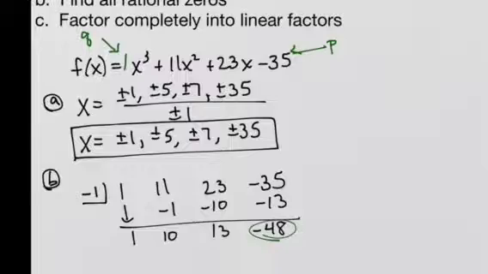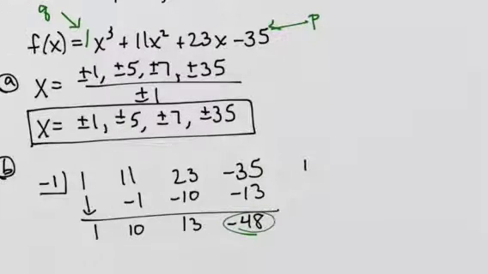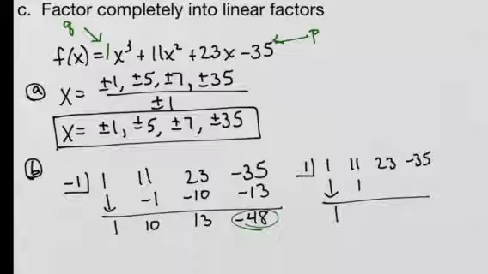So what we'll do now is we'll consider another one. Let's try +1. Okay, so 1, 11, 23, -35. Bring down the 1, multiply to get 1, add to get 12, multiply to get 12, add to get 35, multiply to get 35, and that subtracts out to give you the 0 that you were looking for.